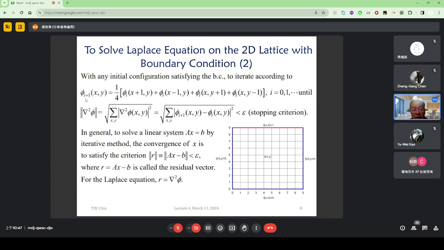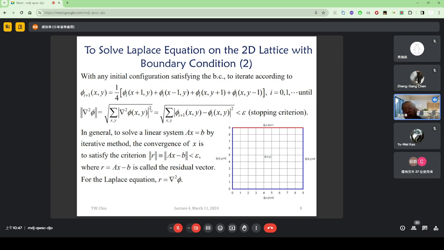Say i is the iteration, so i equals 0 is the initial configuration, and i equals 1 is equal to this phi 0. That means I add the labels of each side, and then replace this phi by this new phi, and that's updating the field variable on this side.